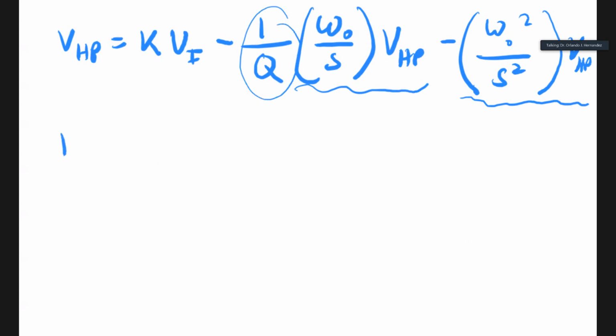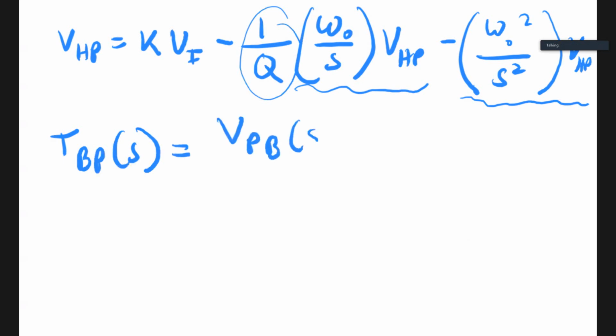To get the bandpass, we can define that response and essentially integrate the high pass response. So basically, if we integrate twice the high pass response, we are removing the zeros.